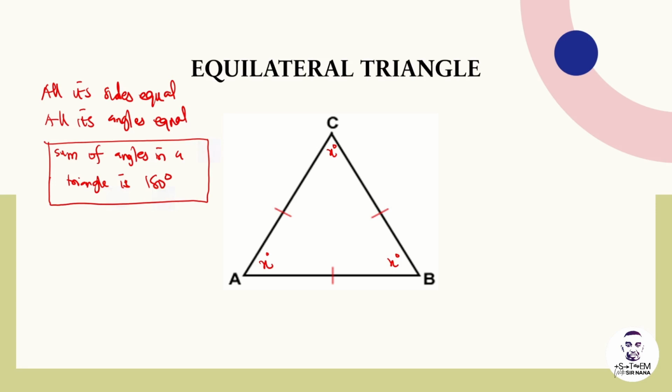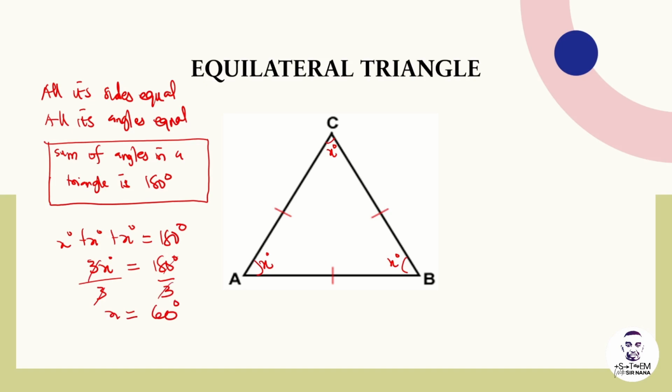So once a triangle is an equilateral triangle, it implies that x degrees plus x degrees plus x degrees should be equal to 180 degrees, in the case where we represent all the three angles with x degrees. So we have 3x equal to 180. So we can divide both sides by 3, which is the coefficient of the x, and we find out that our x is equal to 60 degrees.